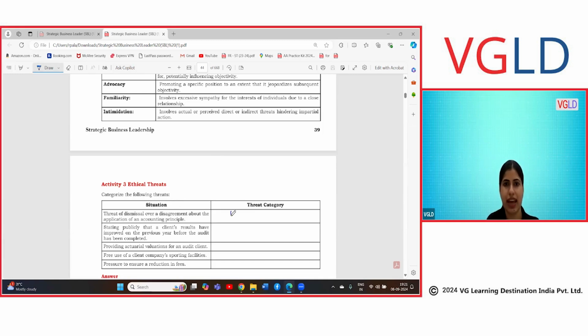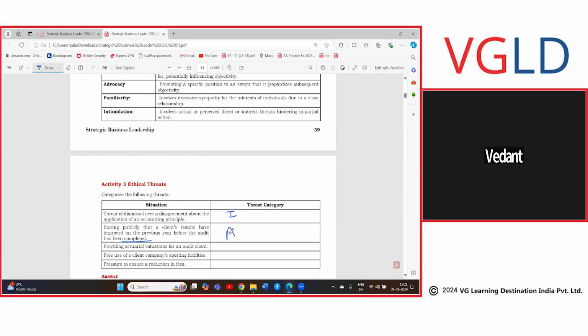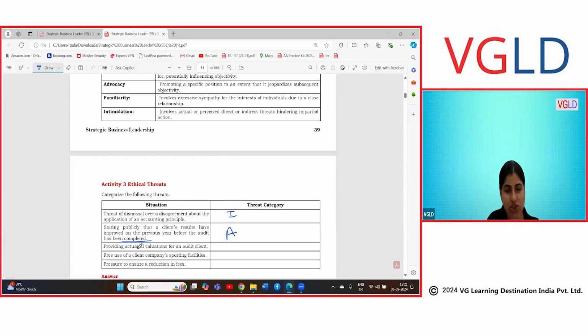Yes, correct, Dia. Now, stating publicly that a client's result has improved on the previous year before the audit has been completed. Advocacy. Correct. Providing actual valuation for an audit client. Yes, Astha, self-review.